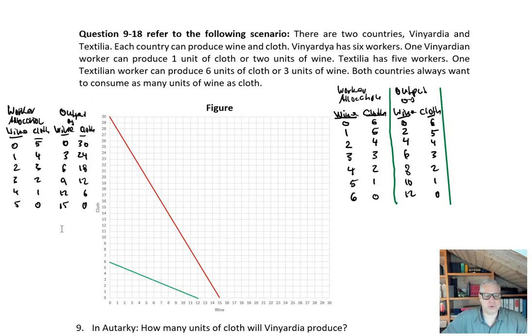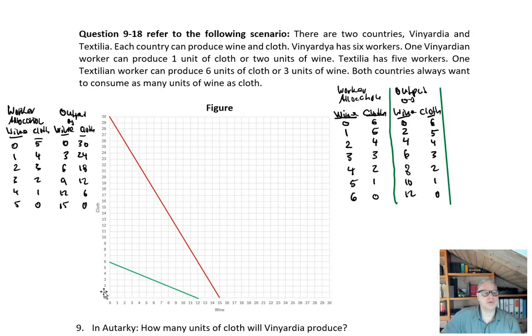But if I use all the workers to produce wine, 5 times 3, that's 15. And then you just connect 30 to 15. So you don't have to do technically a table. You can draw it right away, but I just wanted to do it because I think it makes things clearer.